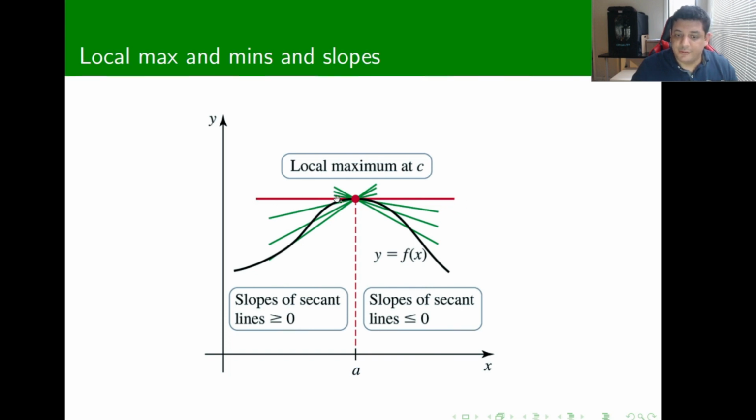So the slope of the tangent line becomes 0, and then the slope becomes negative after the maximum. In terms of secant lines, we can also think in that way. The secant lines on this side are going to have positive slopes, and the secant lines on this side are going to have negative slopes. And that's one way of defining when we have a local maximum.